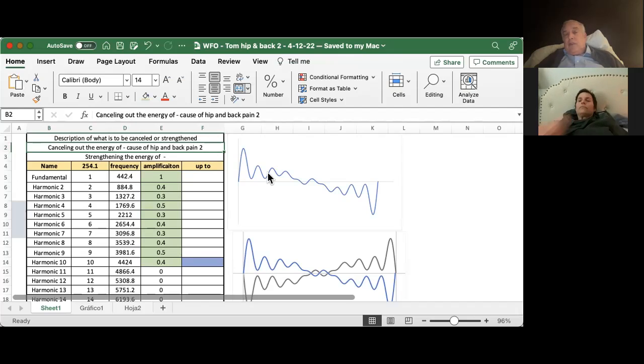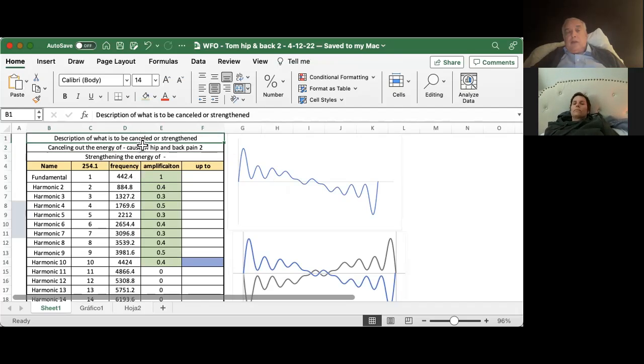Because the waveform itself is a much more precise description of the pattern of energy than can be made with language. And this is the nature of mathematics. It's very precise. Make sense? Okay.